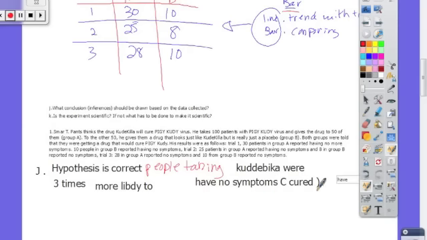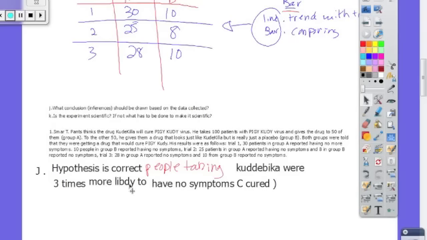Oops, didn't quite come out right. Yeah, because we have to measure how they're getting cured, so it's by the symptoms that they have. Sorry, there's a misspelling here.